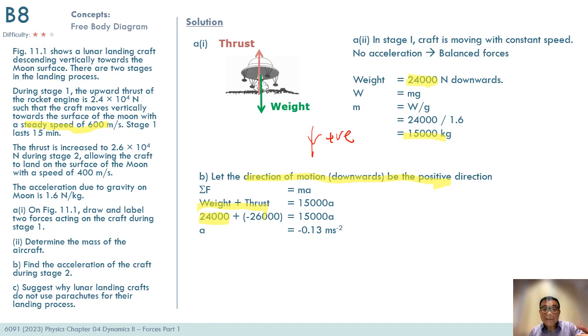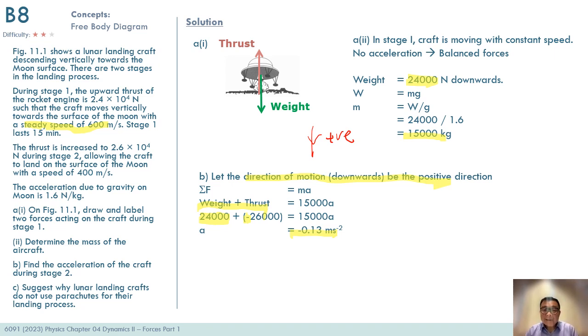It's acting downwards, so it is a positive force, and the thrust is acting upwards, and therefore my thrust value must be a negative value. Okay, so with this you can calculate out acceleration, and you get an acceleration of negative 0.13 meter per second squared.